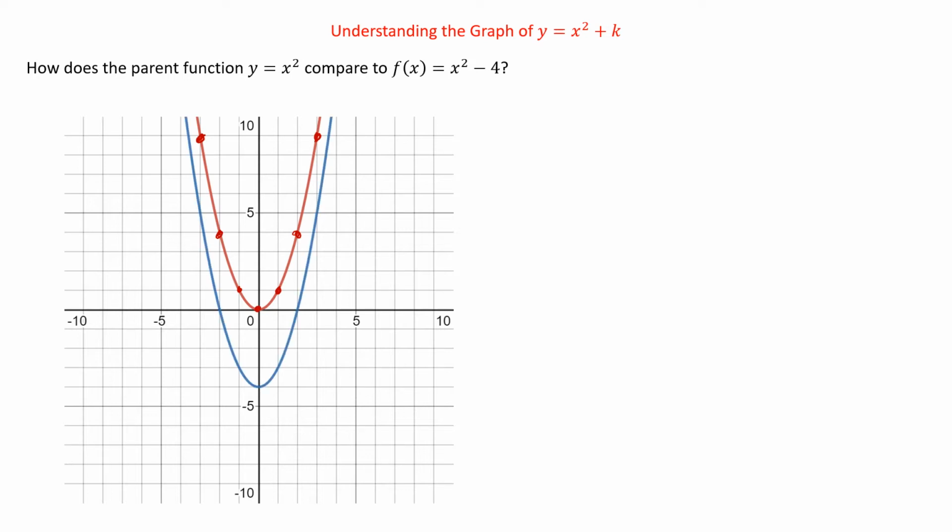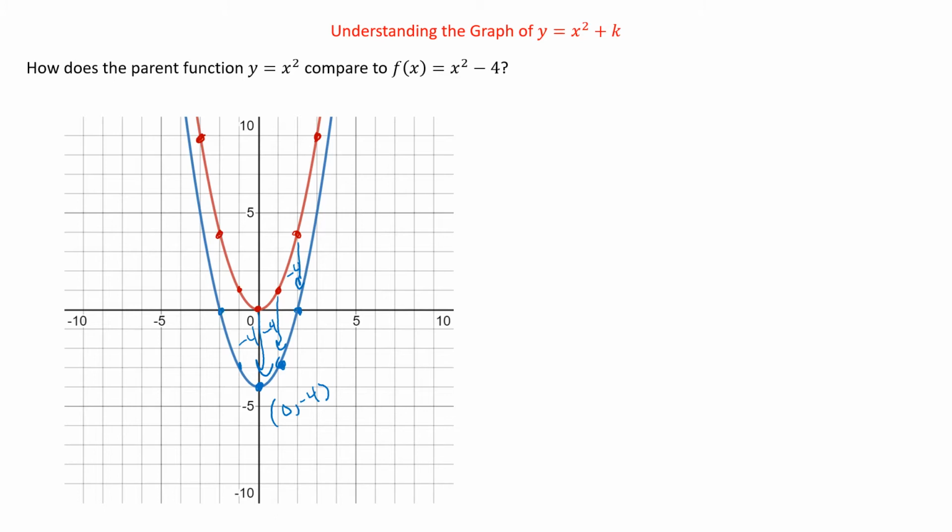We get that, where our vertex is now at 0, negative 4, because we just took this point and went 4 down. Then we have this one, which is just this point minus 4, and it goes the same in the other direction.